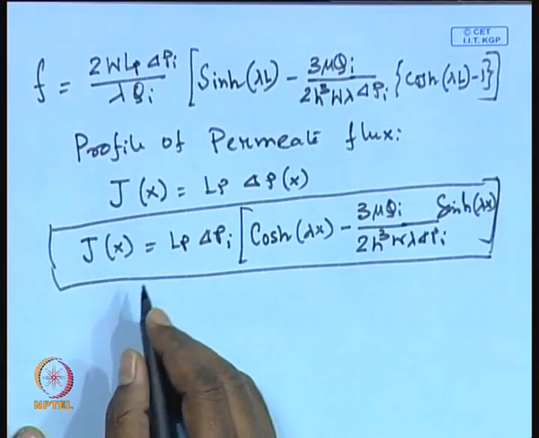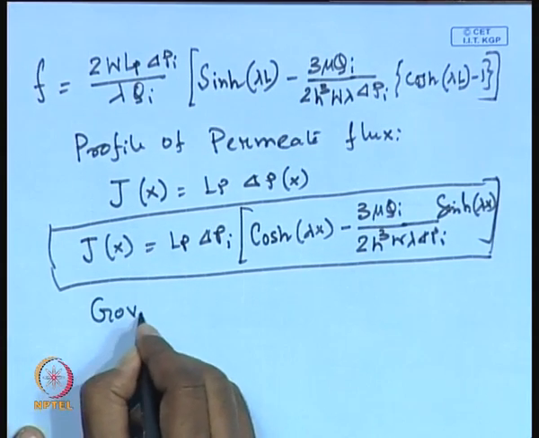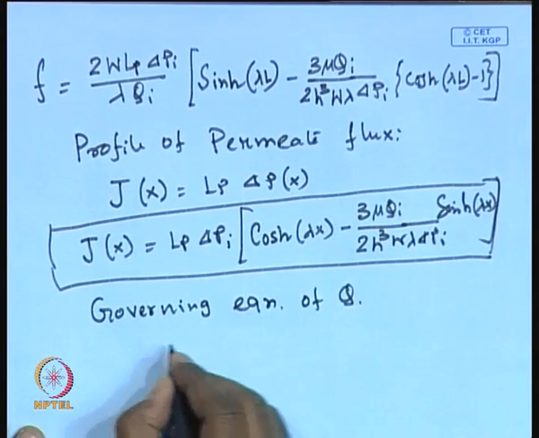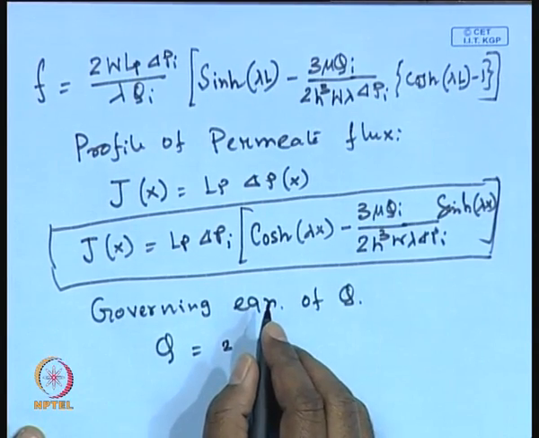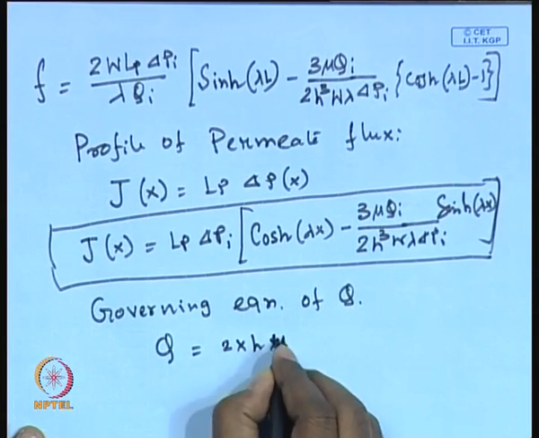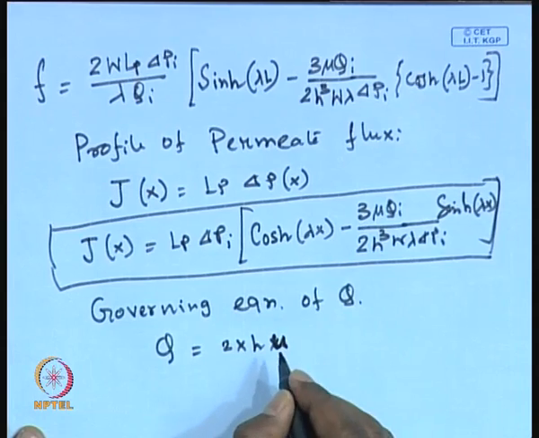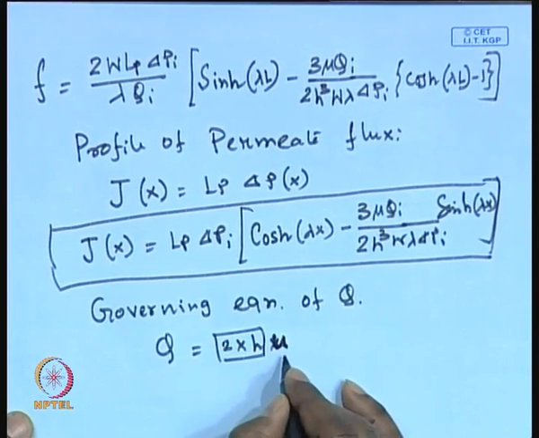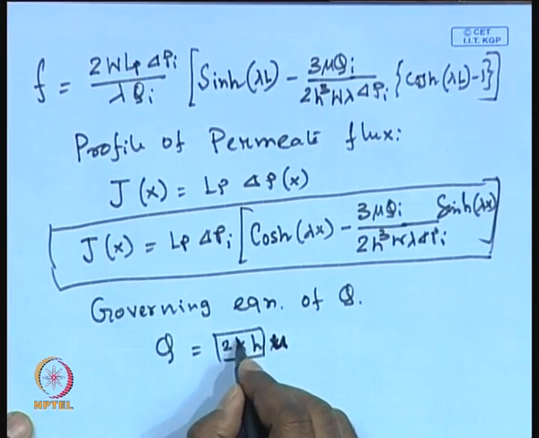Look at the governing equation of Q, the flow rate, and substitute Q equal to the cross sectional area times u.